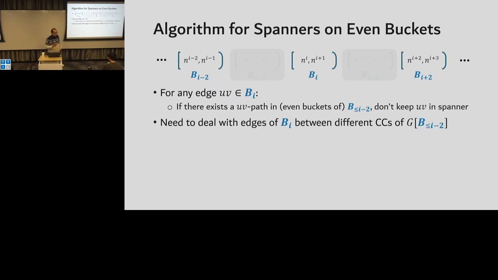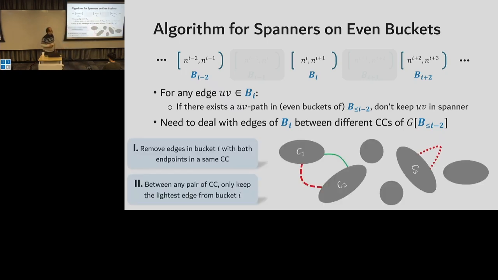And now we only need to deal with the edges of B_i that are between different connected components of the graph constructed using the edges in B_{i-2} and smaller. So let these be the connected components of the graph G using the edges in B_{i-2} and smaller.